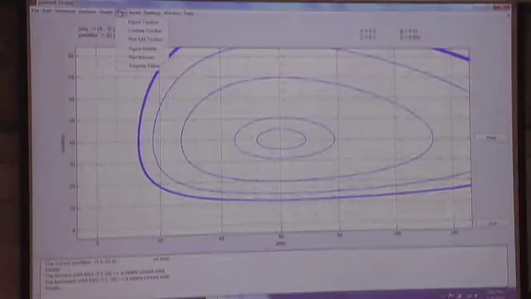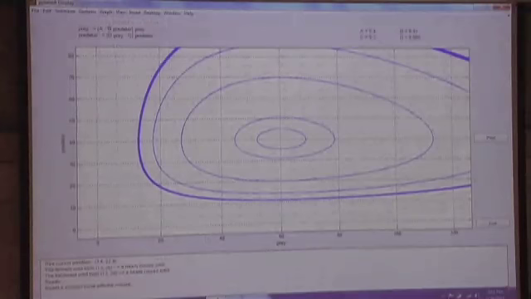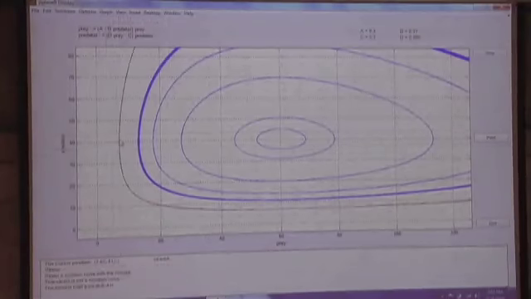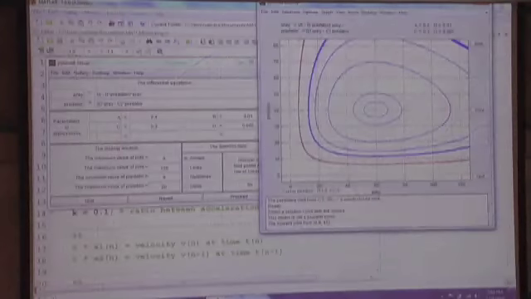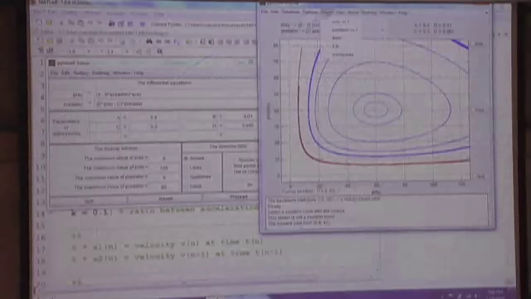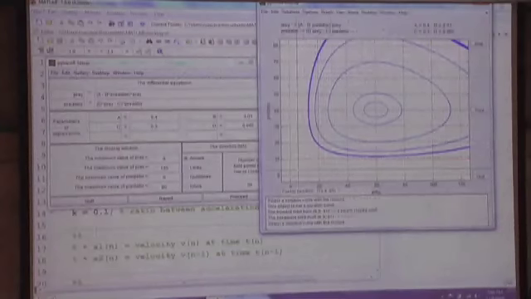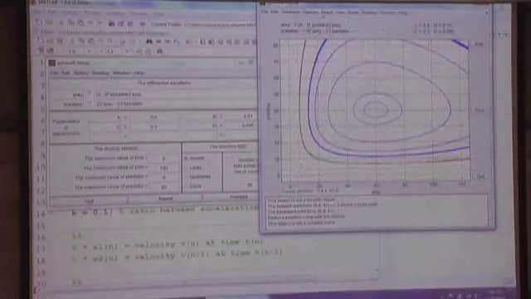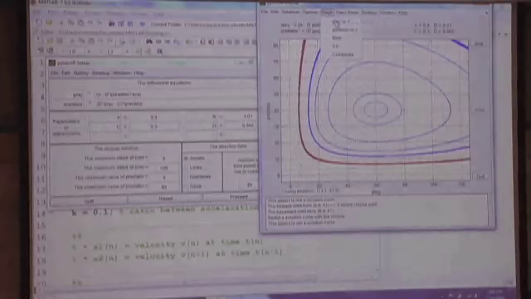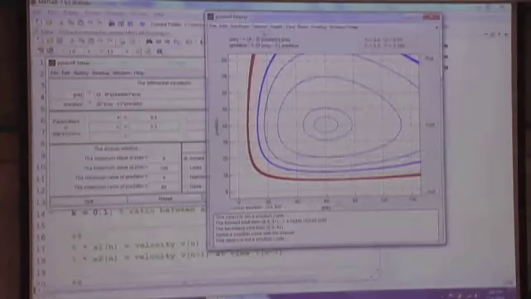Which you could see if you were to plot both versus time.